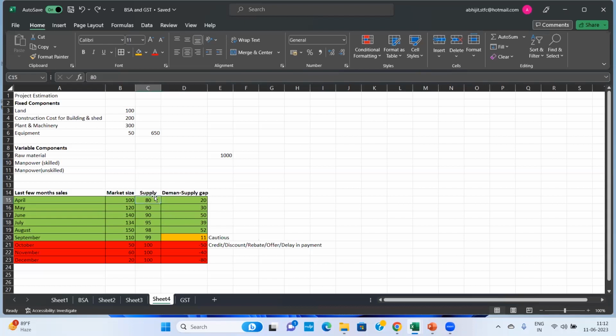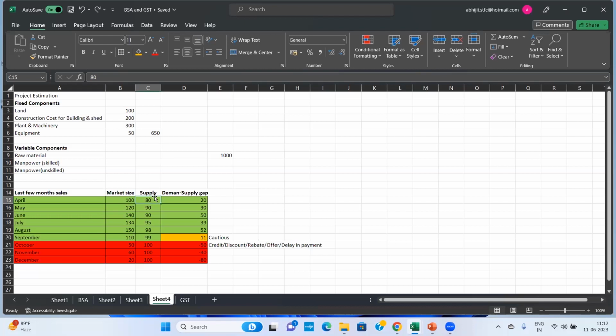I can increase my production here. Now, another thing is there which we are missing. This data from April to December is quite an old data, right? Yesterday I told you why ratio analysis, we talked about limitations of ratio analysis, right? You remember?